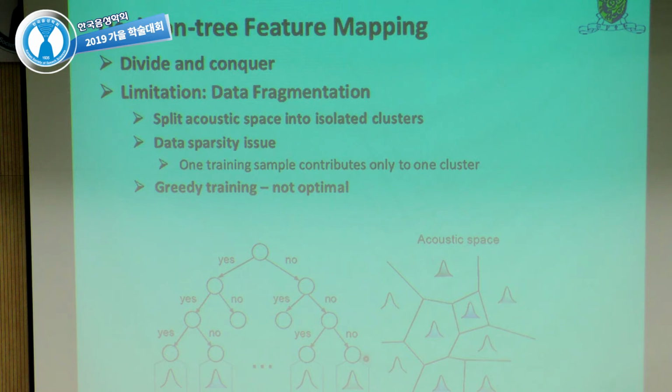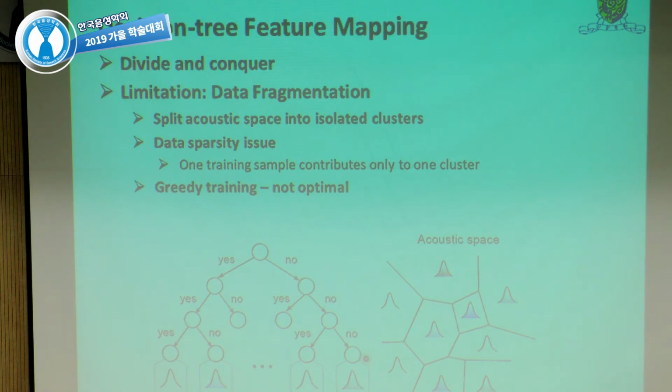Okay, so the decision tree is good because it divides and conquers the linguistic feature space into several parts and then does the modeling. But the limitation is that because of this division, the feature space is divided into several isolated parts.